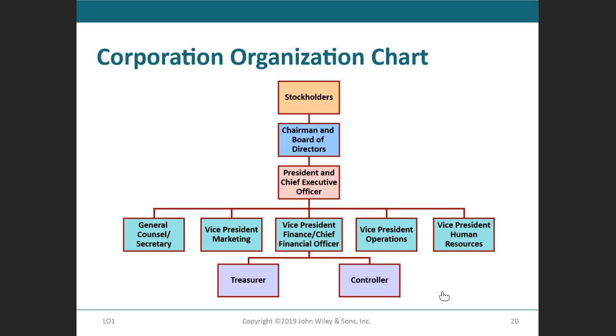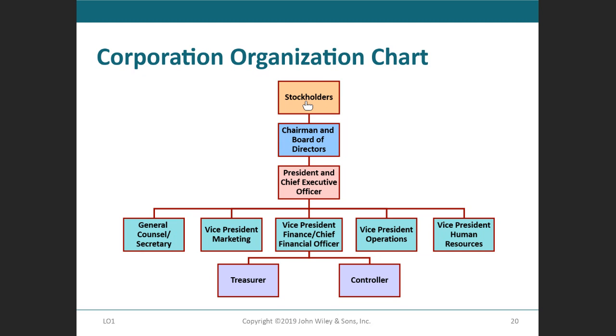So a typical corporation is organized in the following way. The shareholders, as you see, are on top because they are the ones who own the corporation. The shareholders have voting rights.